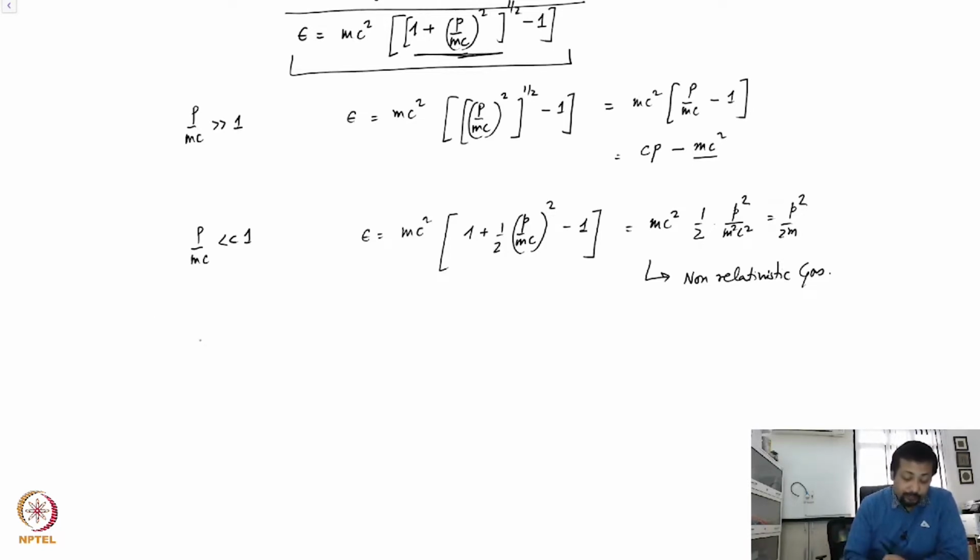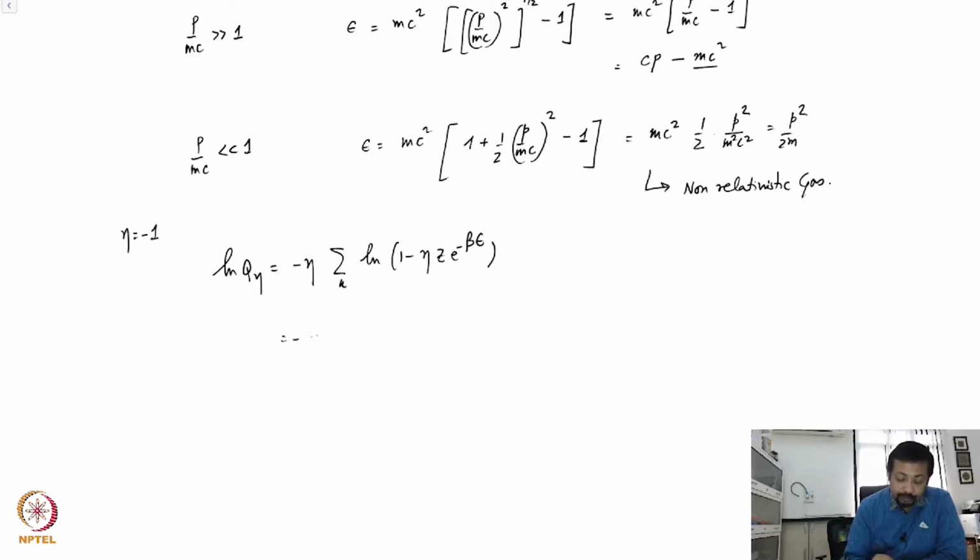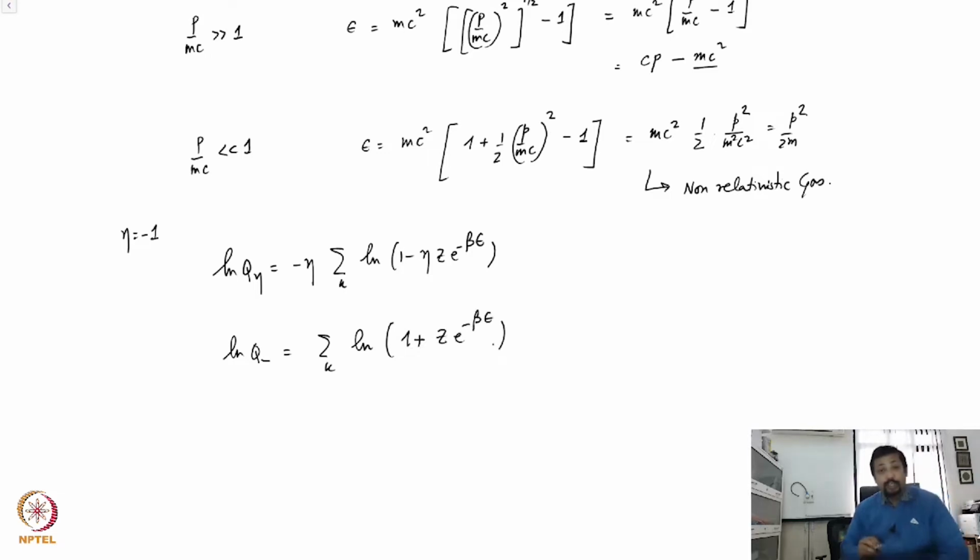Since it's a fermionic system, I have eta is equal to minus 1, and therefore ln of q eta, just recall, was minus eta sum over k ln of 1 minus eta z e to the power minus beta epsilon. In this case, for a fermionic system, I know that this is going to be ln of q minus, which is going to be sum over k ln 1 plus z e to the power minus beta epsilon.